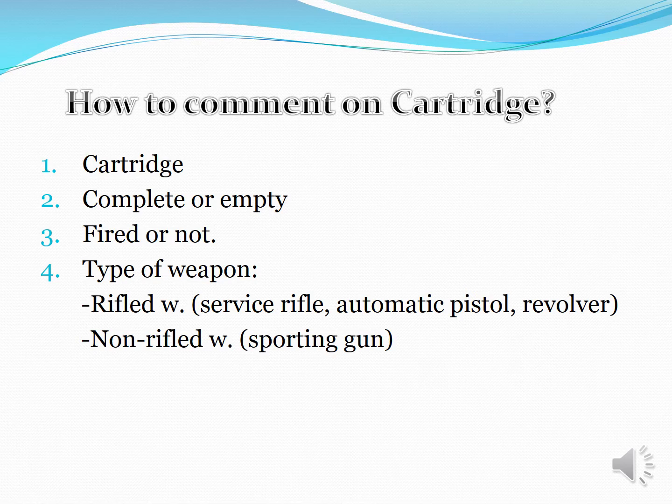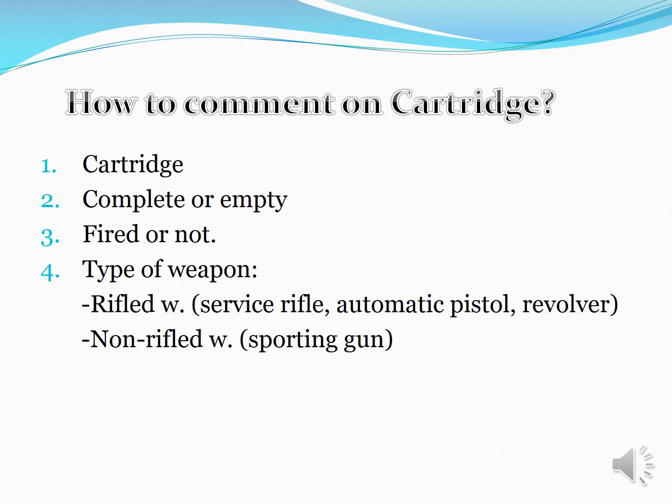How to comment on cartridge. The first ballistics we will take is cartridge. How to comment on cartridge? First, the name of the specimen. It is cartridge. Second, how to know it is complete or empty.